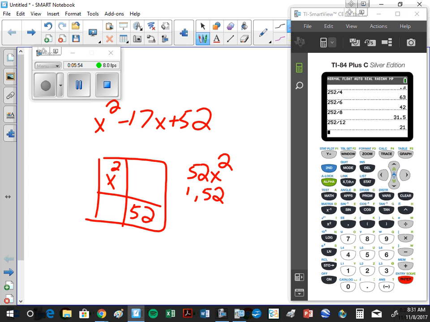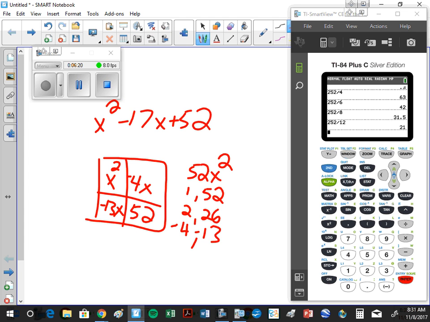Do 1 and 52 work? Nope. 2 and 26, do they work? 3 does not go into 52. 4 and 13, do those work? Yes. I put 4, or sorry, if they're both negative, negative 4x in one box and negative 13x in another.